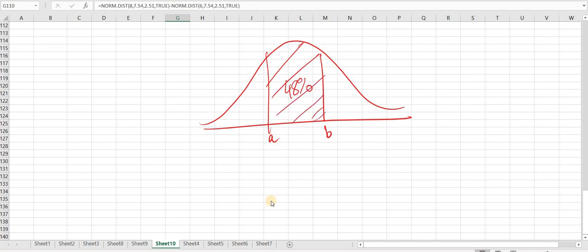I know that I can find A and B only if I have the area to the left of each one of them. And because this area is exactly in the middle, I can say that 100% minus 48% is going to give me the area in both tails. This tail and this tail. Let me say this is area E and this is area F, okay?